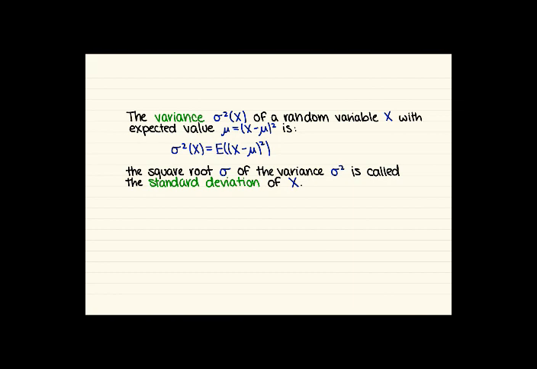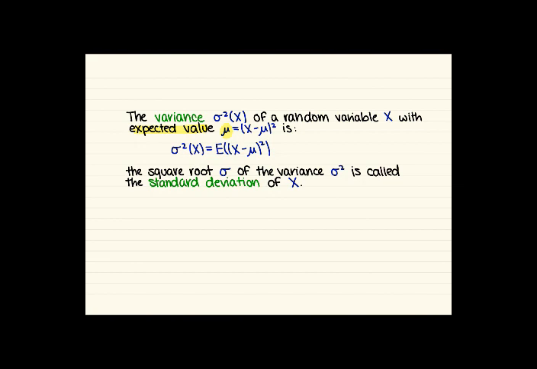The way we compute that, the first step is to compute the expected value. Now we're using mu as our notation for the expected value. Then you compute the expected value of the random variable that we get by doing X minus mu and then squaring that. By doing that computation using the formula that we had for expected value from before, you can figure out the variance.